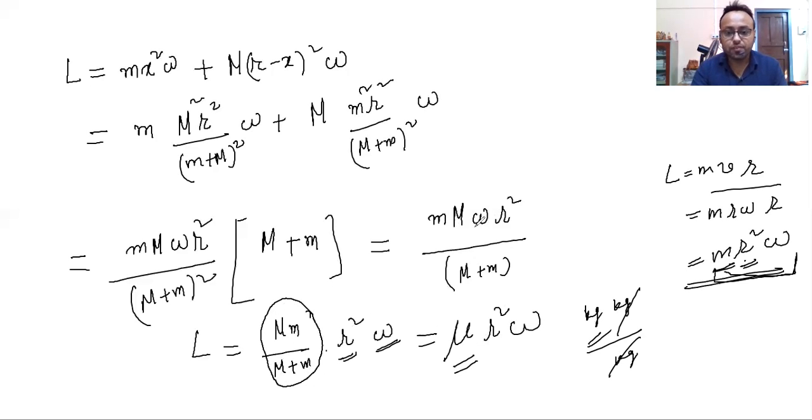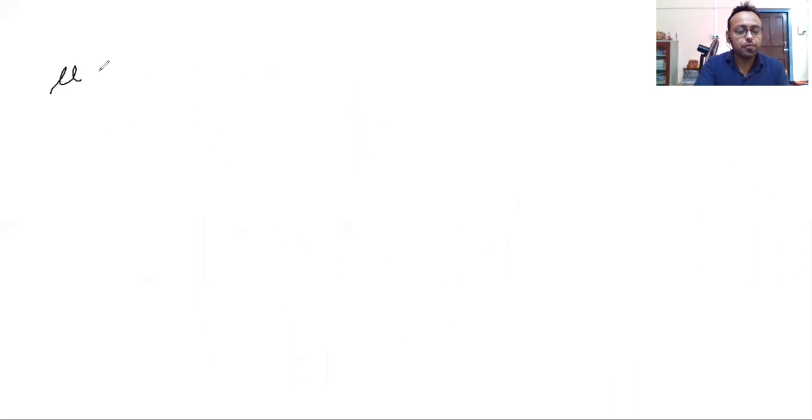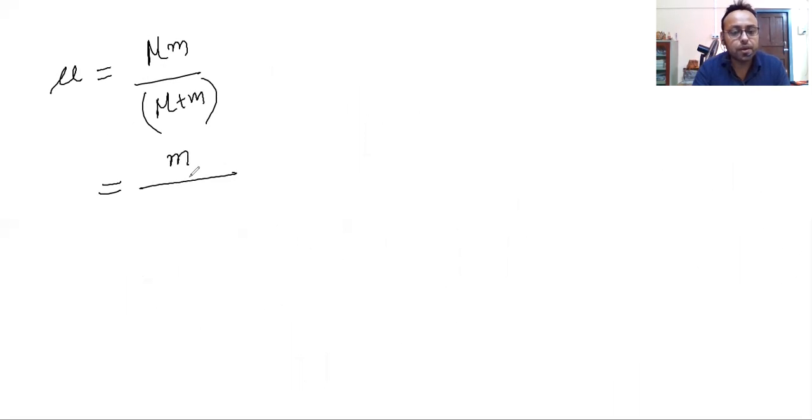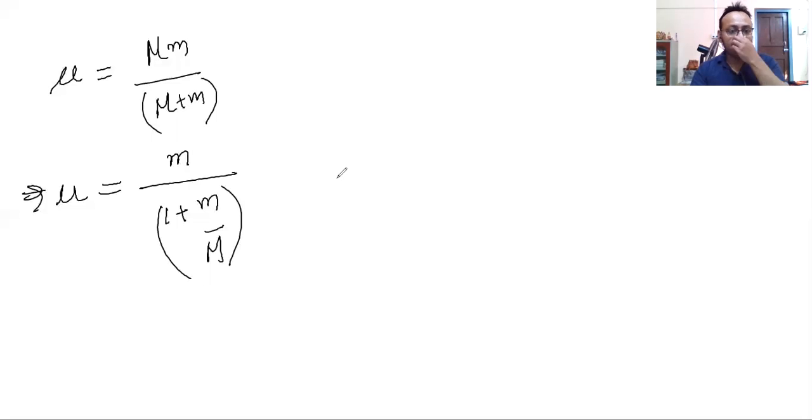Okay, now let us check what is this mu. So this mu is coming as Mm by M plus m. Or I can write m divided by 1 plus m by M. I can modify that above equation, mu is equal to. Now generally our mass is a small m.